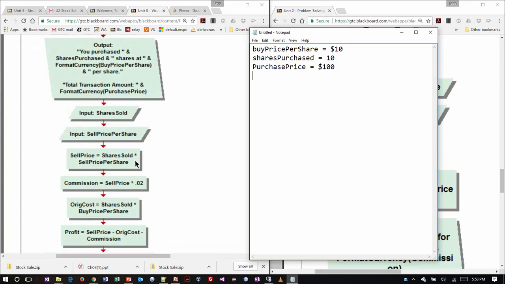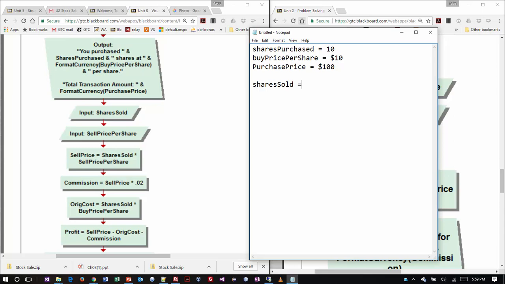From there, we got the input of shares sold. And what I'm going to do here is, it's probably good to put them in the same order. Maybe the quantity should go first and then the price. That's just a thought. Maybe it seemed to make sense.